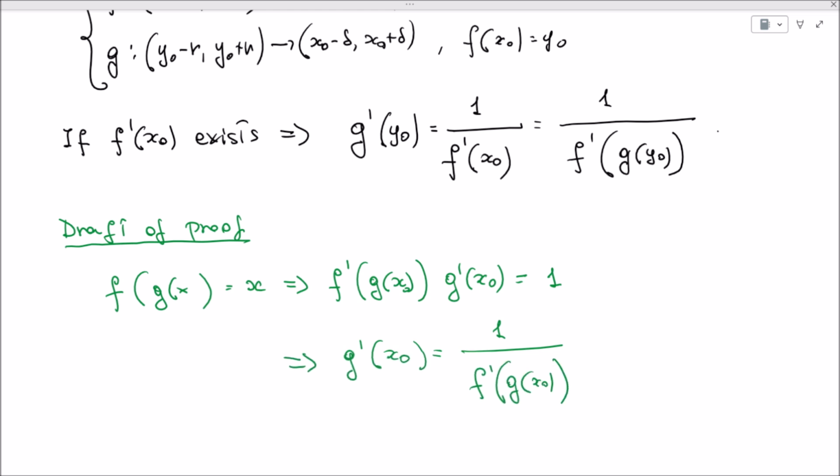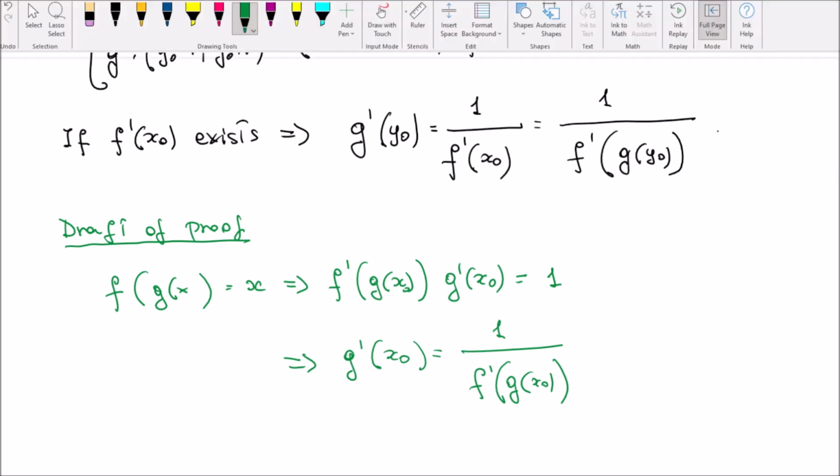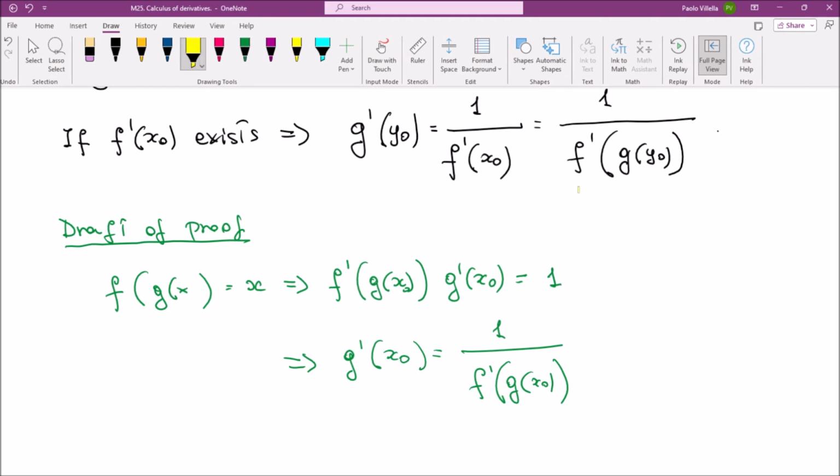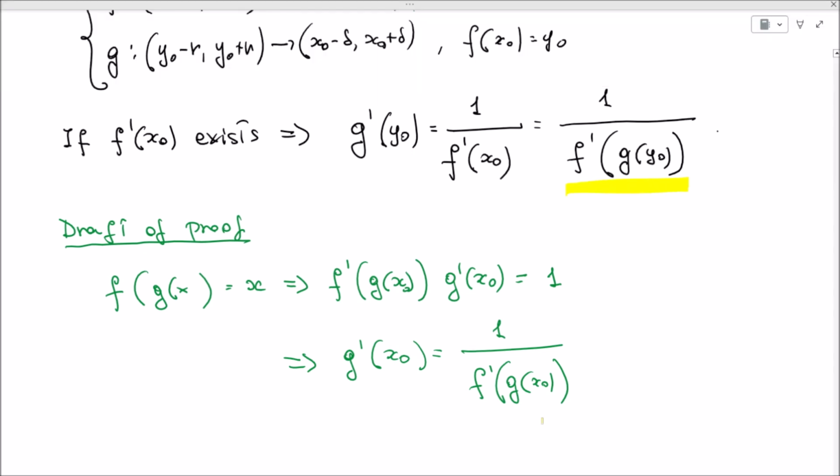So this is exactly the same as the theorem that we have just stated. So we just proved that the derivative of the inverse function is given by 1 over f prime of g of x naught.